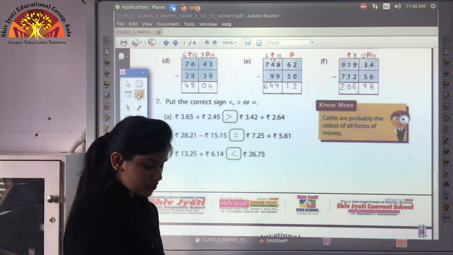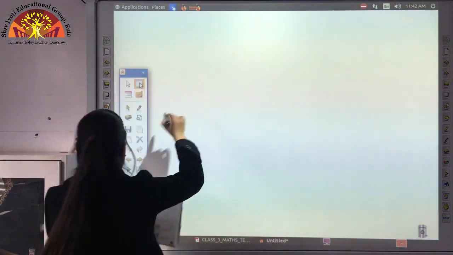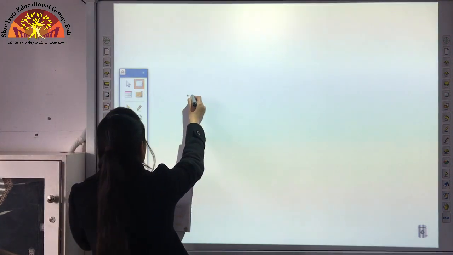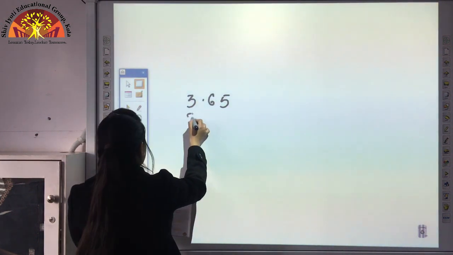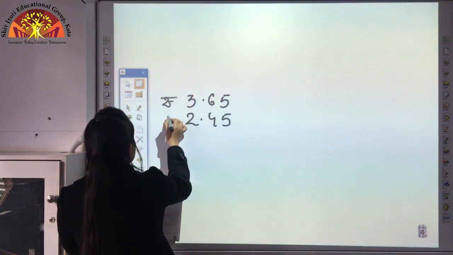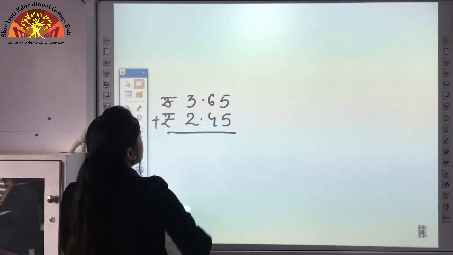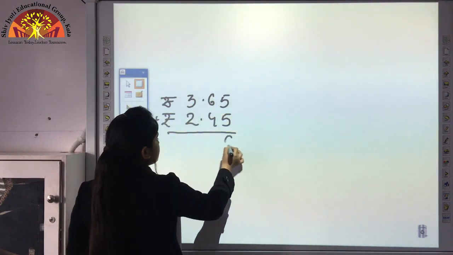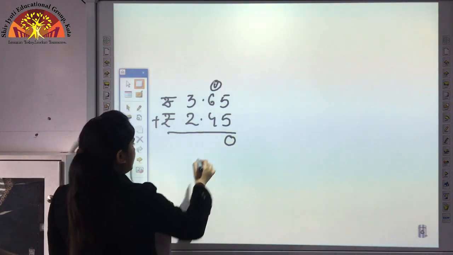Okay, so first of all we have to find the addition. Rupees 3.65 and rupees 2.45. So students, 5 plus 5 is 10, carry over 1, 6 plus 4 is 10 plus 1, 11.